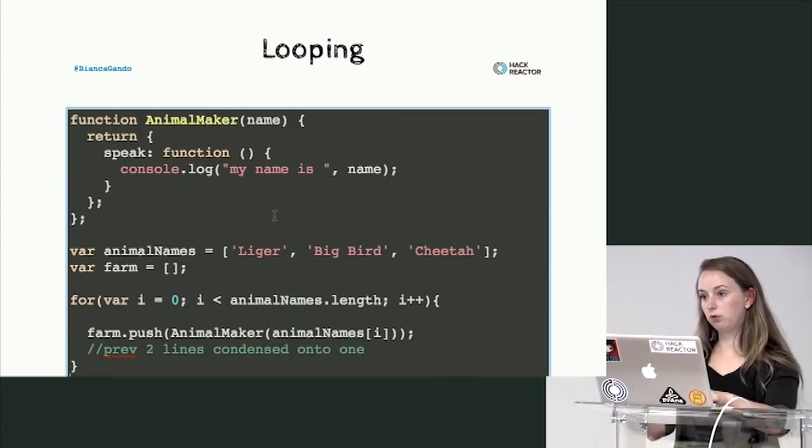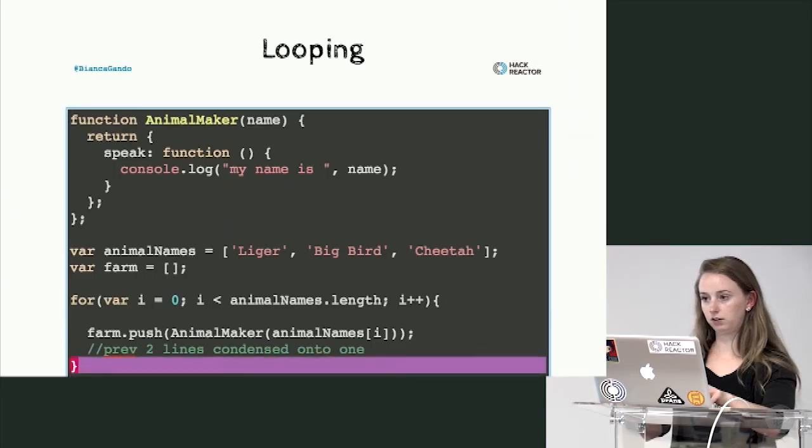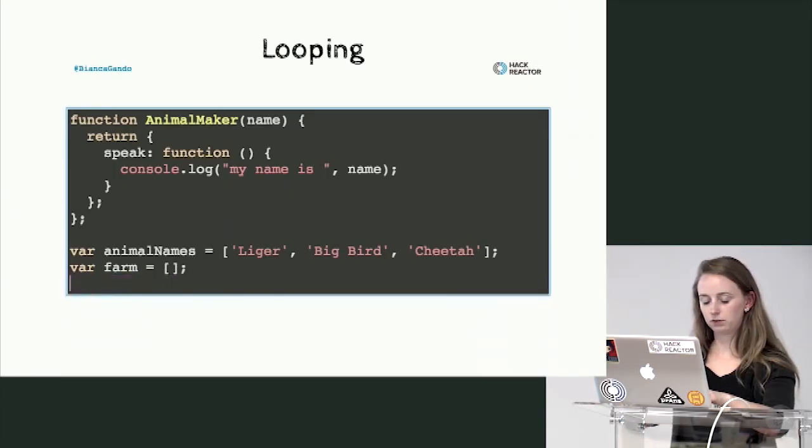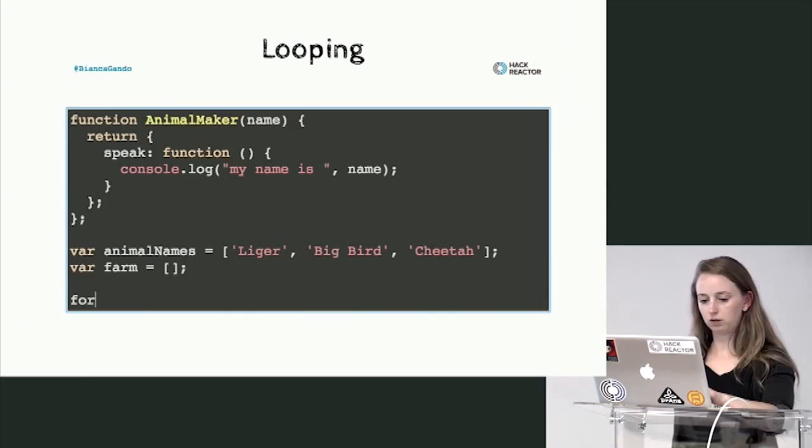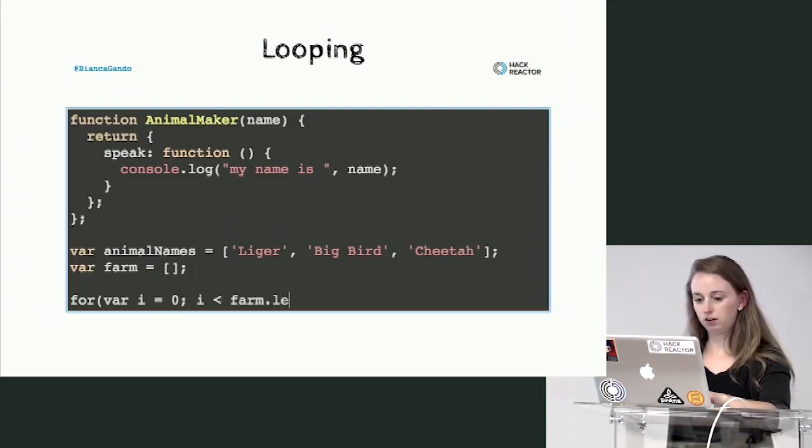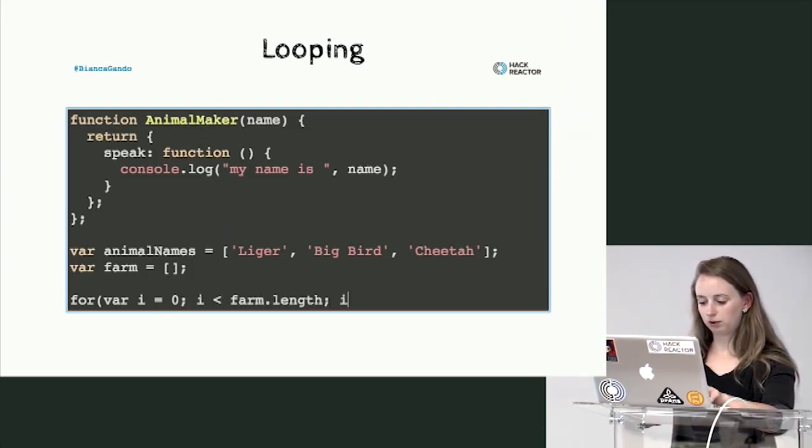So we want to loop through the farm, right? So it'd be a new for loop, right? Yep. I'm going to delete this old one. Is that okay? For var i equals 0, i is less than farm.length, i plus plus.